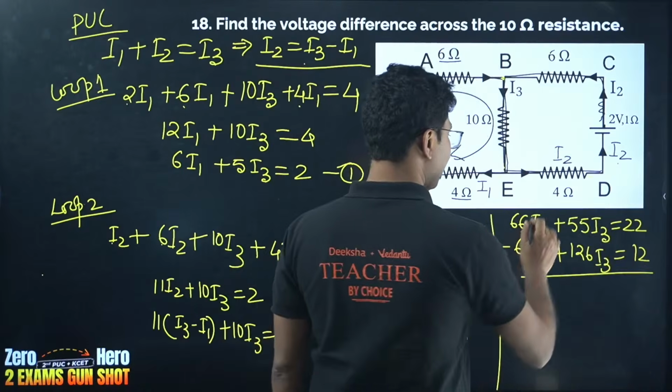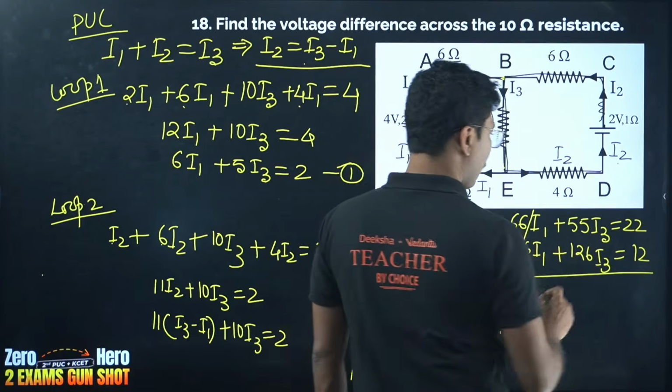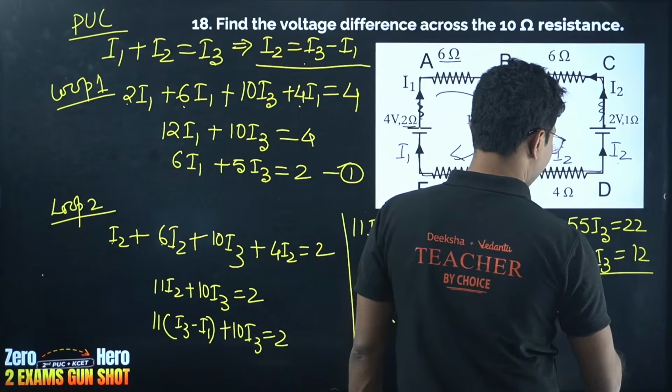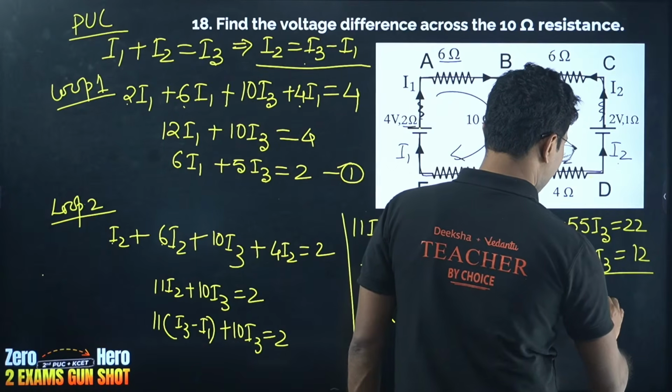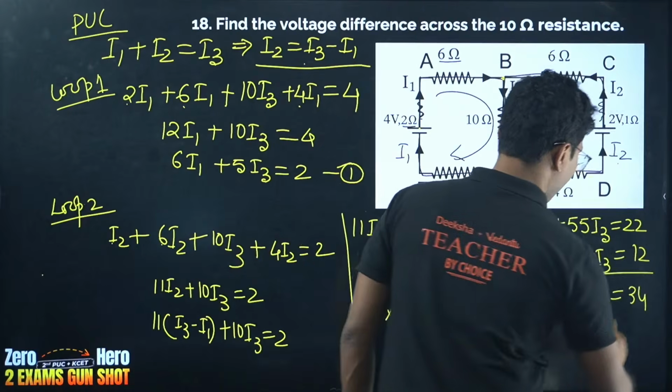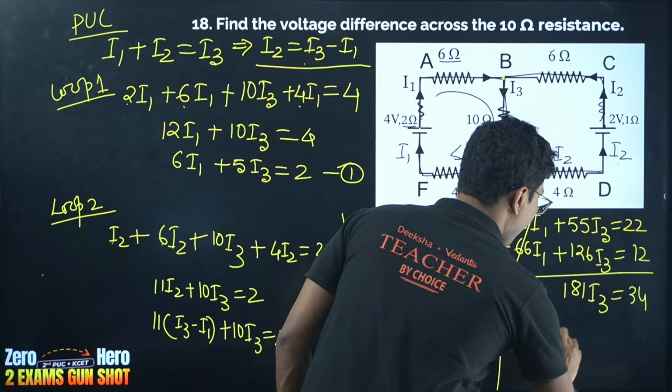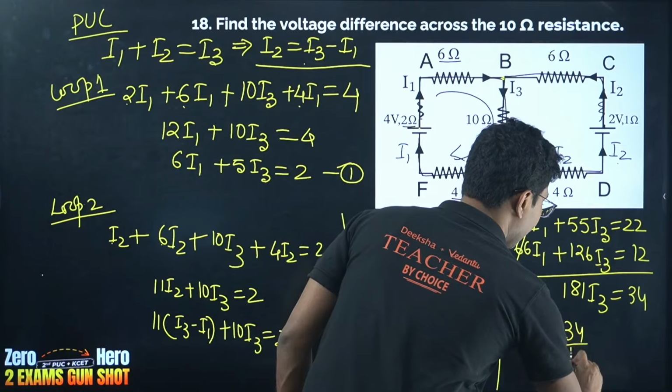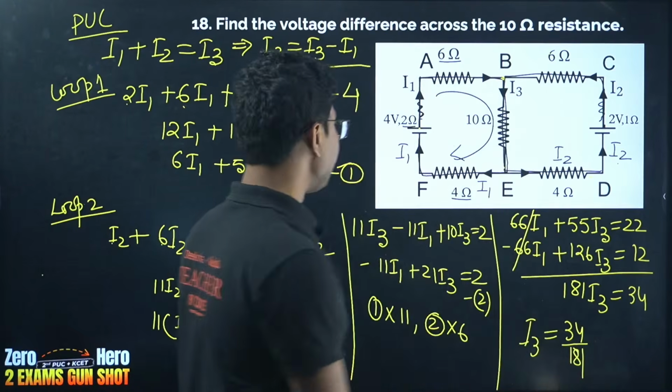If you add them, this one cancels and you get 181 I3 equals 34, or I3 equals 34 by 181. Okay, so this is the value of I3.